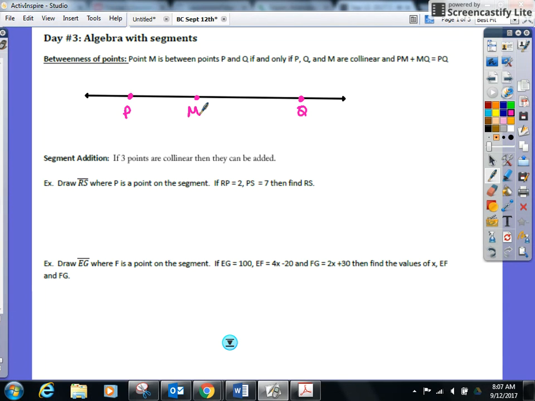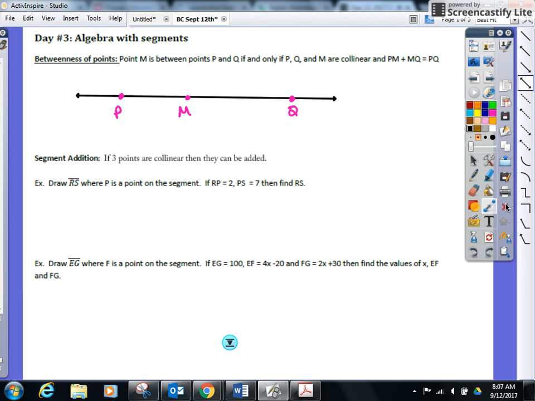All right, so go ahead. Now we can draw a line segment RS.